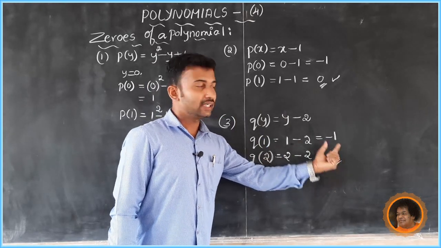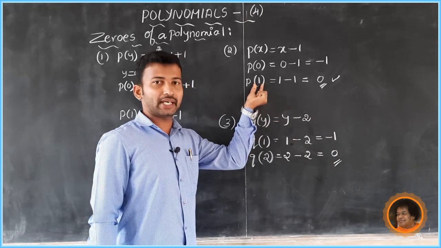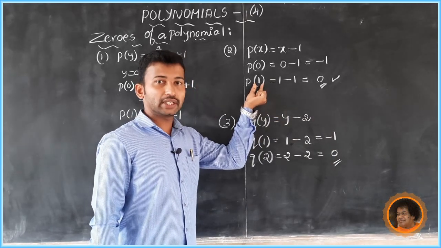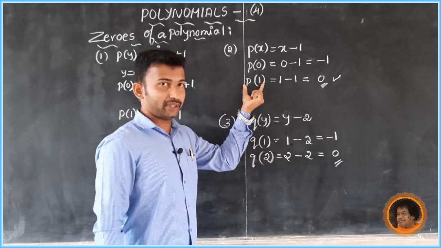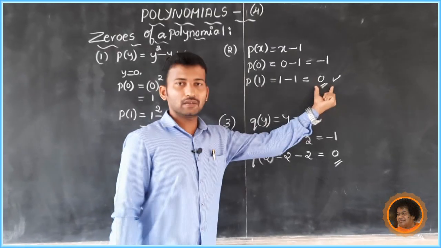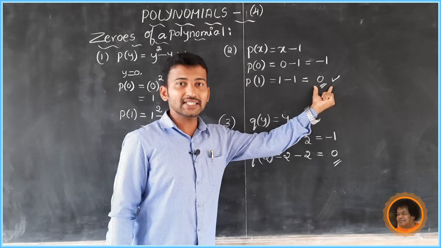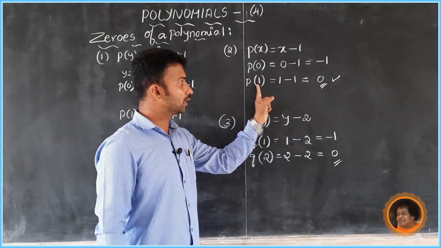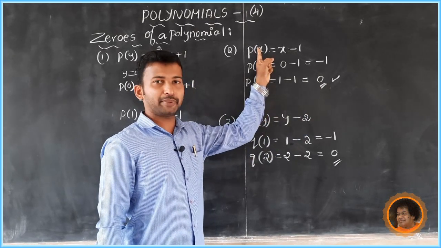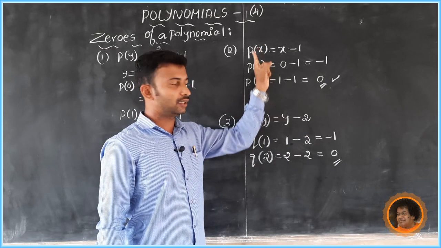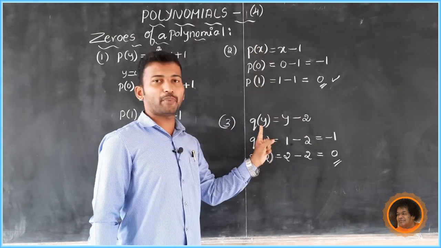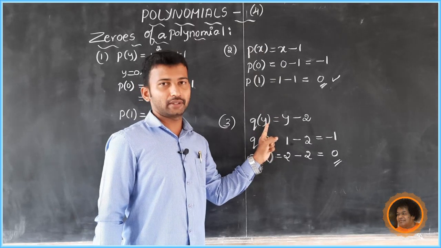Once again, zero of the polynomial is that value at which the polynomial becomes 0. In these examples, 1 is the zero of the polynomial P of x, 2 is the zero of the polynomial Q of y.